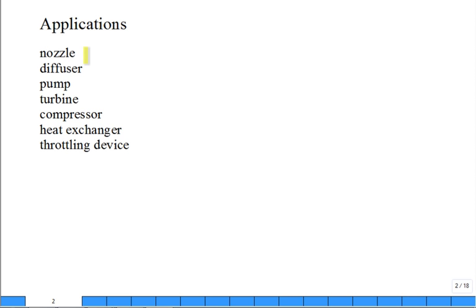All right, so we're in this chapter, analyzing systems and components, really looking just at components that plug into larger systems. Things like nozzles and diffusers and pumps and turbines, compressors, heat exchangers, throttling devices. Often we have an open system analysis for each of these components.